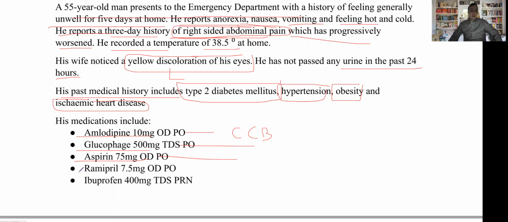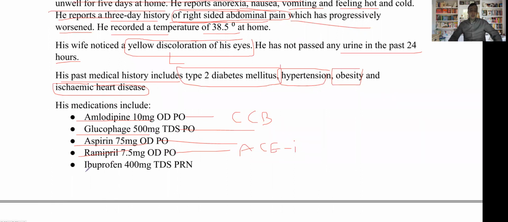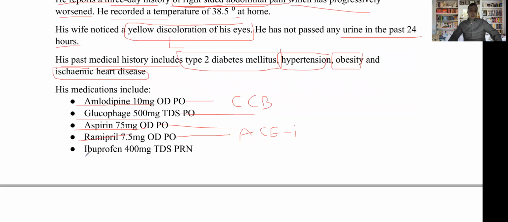In this dose, it's antiplatelet. Ramipril, it is an ACE inhibitor. This is an indirect vasodilator, and it's used for hypertension and for type 2 diabetes mellitus, for renal protection, and used for ischemic heart disease. Ibuprofen, it is a non-steroidal anti-inflammatory drug.